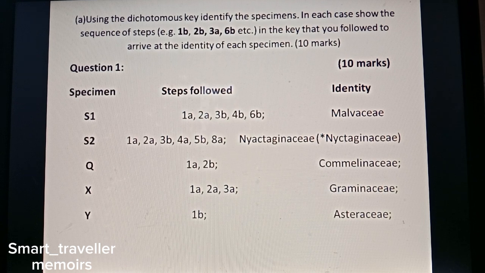You can call them Graminaceae or Comerinaceae, Malvaceae, all right, whatever. As long as you memorize what you can be able to spell. Astalaceae. So Y is 1B, Astalaceae.